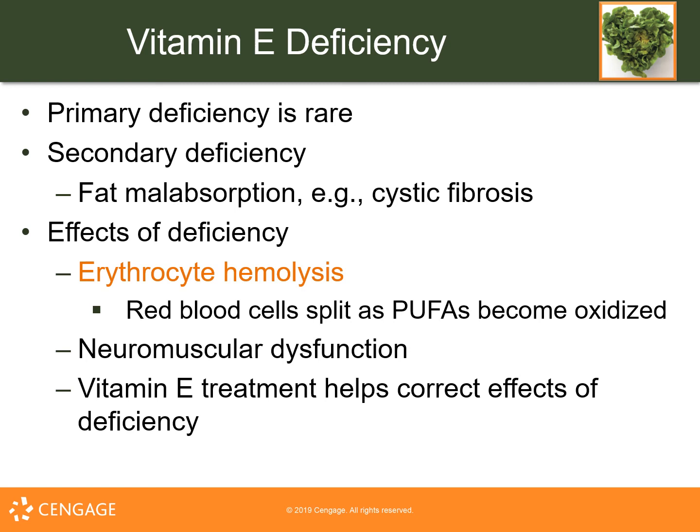Vitamin E deficiency. So primary deficiency is rare, and primary deficiency refers to a deficiency from not eating enough of it or from too low of dietary intake. Secondary deficiency for vitamin E is more common, and secondary deficiency is a nutrient deficiency caused by something other than inadequate intake, such as a disease condition or drug interaction that reduces absorption, accelerates use, hastens excretion, or destroys the nutrient.